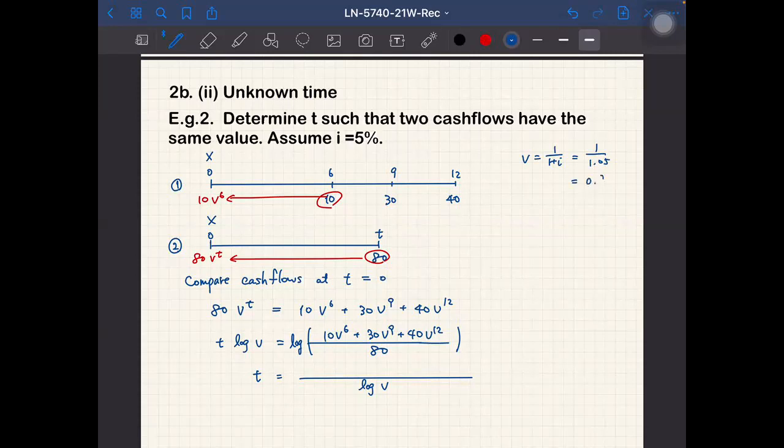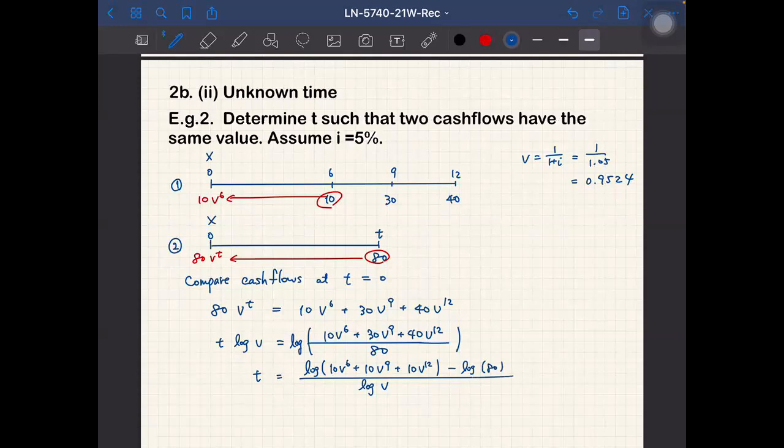So v is 0.59524. We have seen it before. So the denominator is log of v, and the numerator is the log of 10 v^6 plus 30 v^9 plus 40 v^12, minus log of 80 because of the property of logarithm.